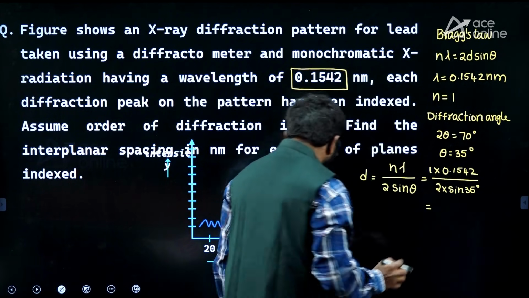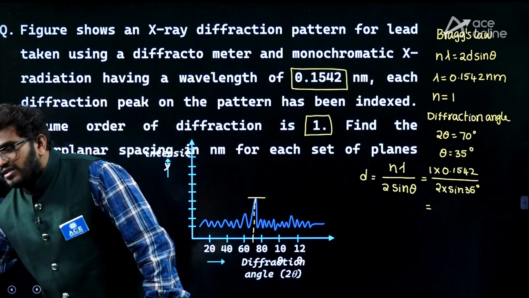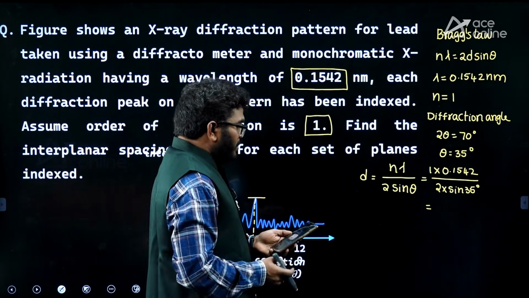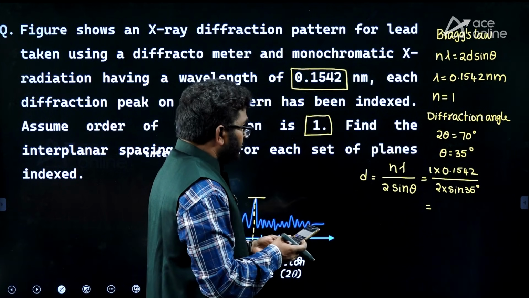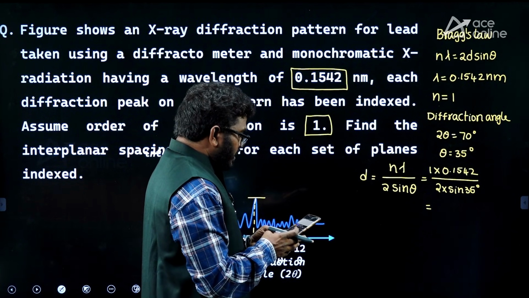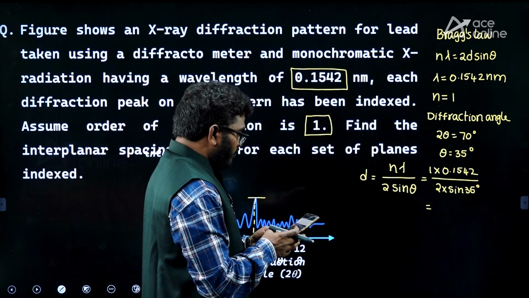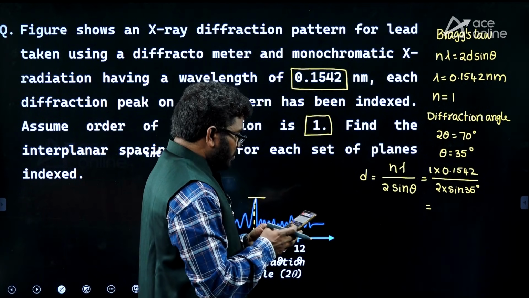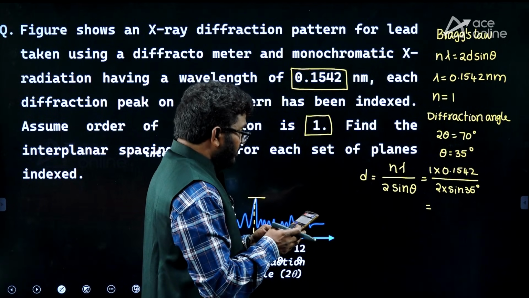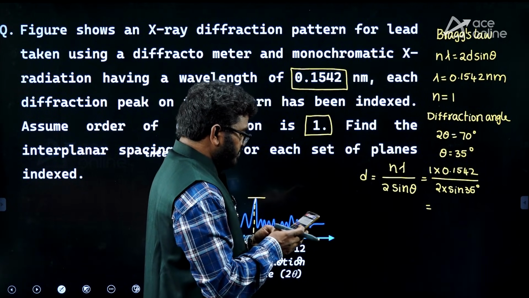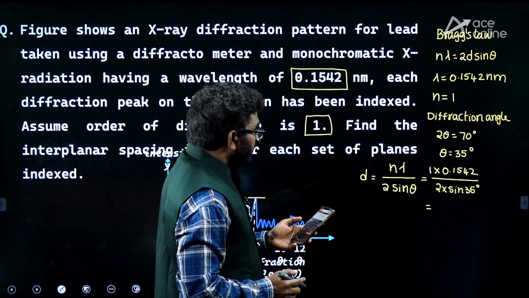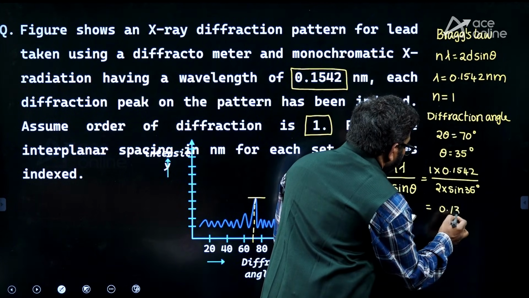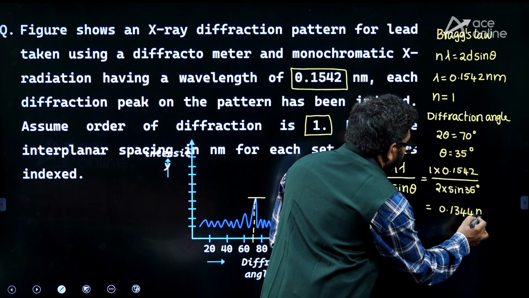Now I am using the GATE calculator to solve this one. In the numerator 0.1542 divided by 2 into sine 35 degrees. Here you will get 0.1344 nanometer.